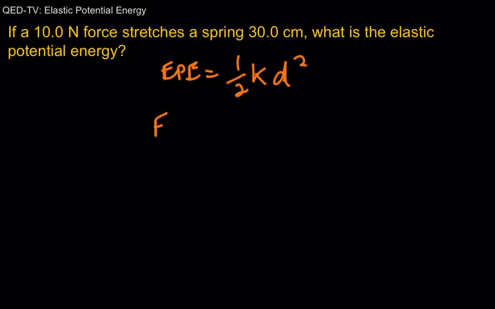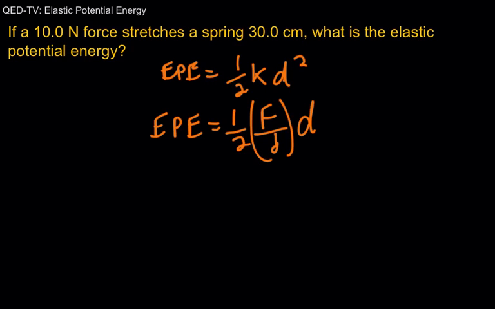Now in this case, the force that's stretching it is only stretching it 30 centimeters, and I want to know what the entire elastic potential energy is. So I could do 1/2 times the force, which is 10, over the displacement, which is 30. That could be my K value, and I'm trying to figure out the elastic potential energy at that displacement.